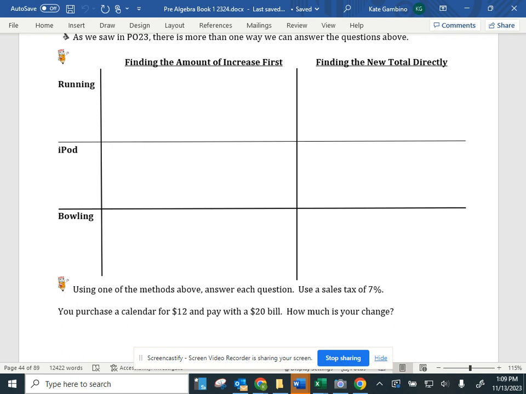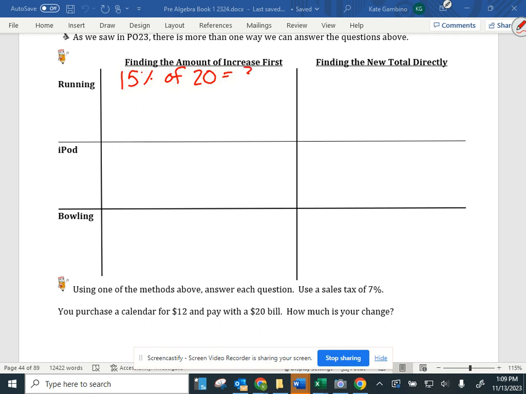So if we're going to find the amount of increase first, we're looking at our running problem. Last week you ran 20 miles. This week you want to increase that by 15%. So we want 15% of our 20 miles equals what? What would 15% of the 20 miles equal? Asher? Close. 3.